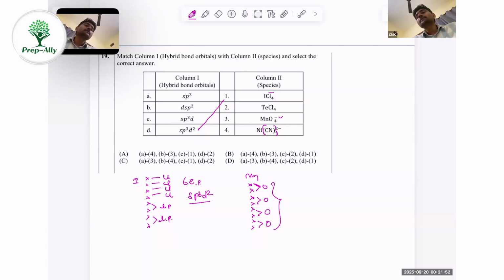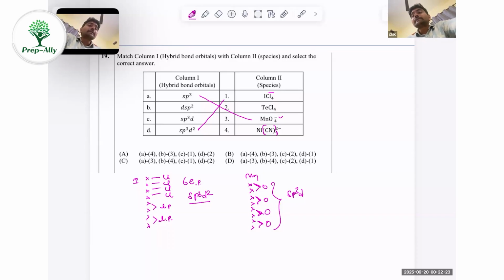Whenever oxygen forms a double bond, one bond is a sigma bond and the other is a pi bond. Only sigma bonds decide the structure, and pi bonds we won't consider for hybridization. So manganese has 4 electron pairs, and the hybridization should be sp3 for the permanganate ion.